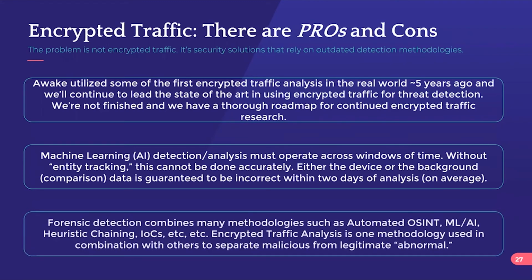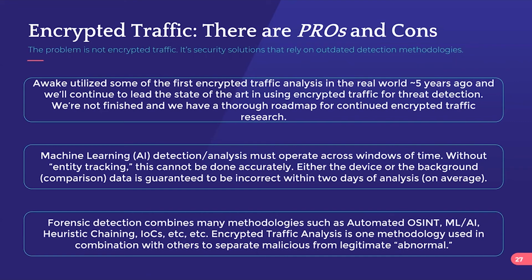And finally, encrypted traffic analytics, as we've been talking about here, is incredibly powerful, incredibly useful. It's phenomenal the types of threats we've uncovered using these techniques. But again, understand where everything fits in. It's just one methodology, right?